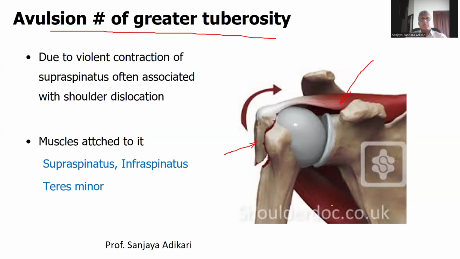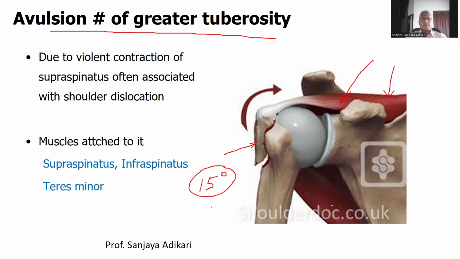And the issue is when the avulsion fracture occurs, two things happen. One thing is the first 15 degrees of abduction is gone, because for that abduction, supraspinatus is responsible, acting through the greater tubercle. So that first 15 degrees of abduction will be lost even when the suprascapular nerve supplying this muscle is intact.